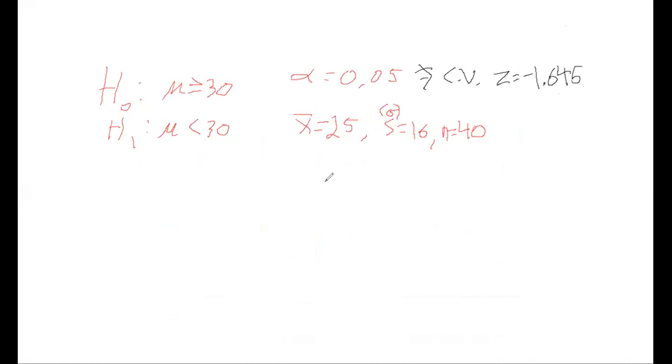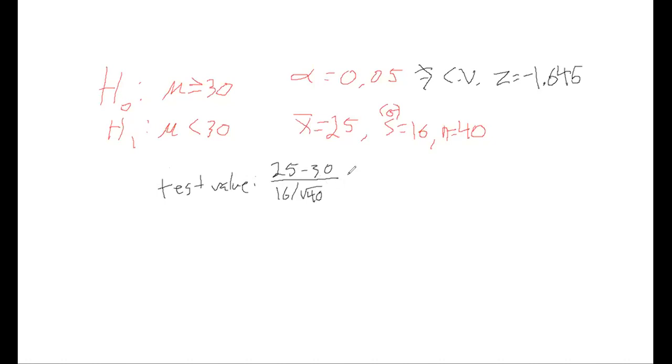Now I want to compute my test value, what I'm going to compare to that critical value. My test value coming from the sample is the sample mean minus my baseline, my source of comparison, over the standard deviation divided by the square root of my sample size.